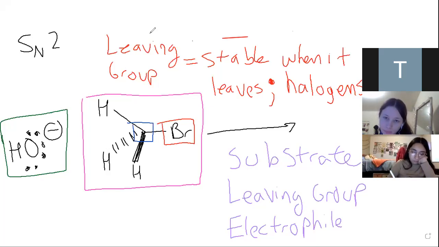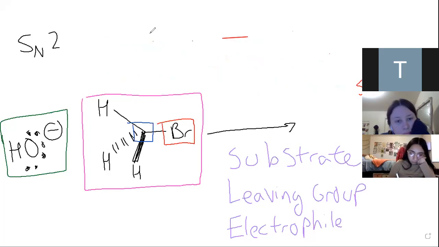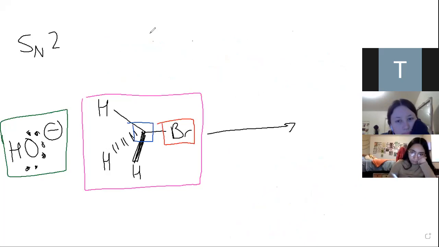So now we have defined substrate and we have this defined leaving group. So the next thing we want to do is define our electrophile and nucleophile. The important thing is that we are going to use a little bit of Latin because I know you guys just love Latin. But do you guys know what phile means?